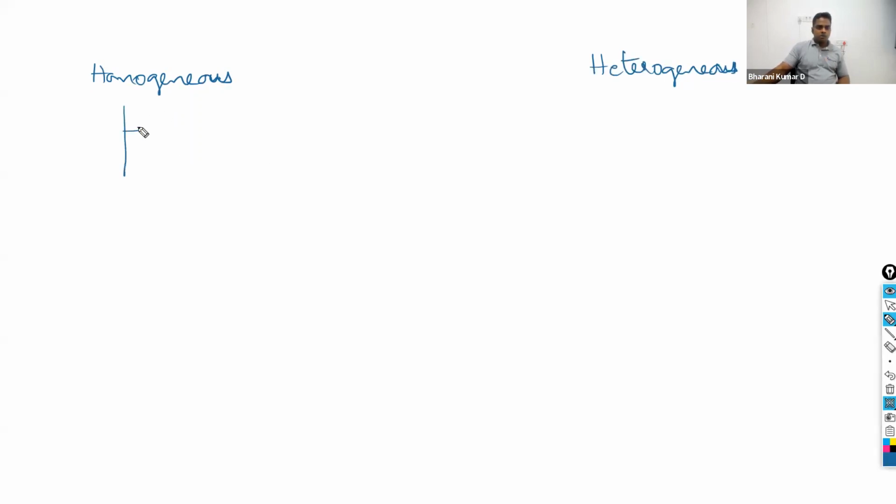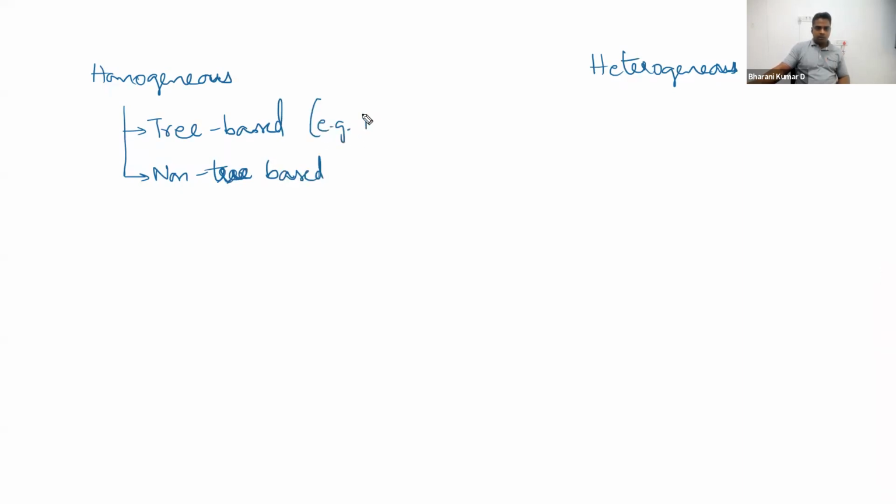Within homogeneous, you can have tree-based or non-tree-based. Tree-based example would be decision tree. Non-tree-based example would be KNN. Any algorithm which is not tree-based.